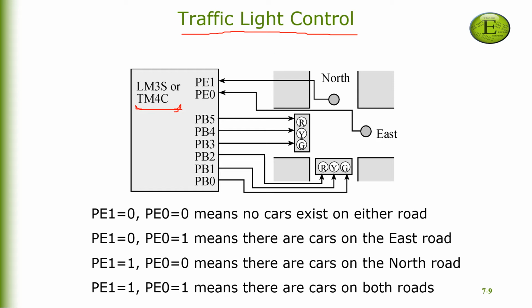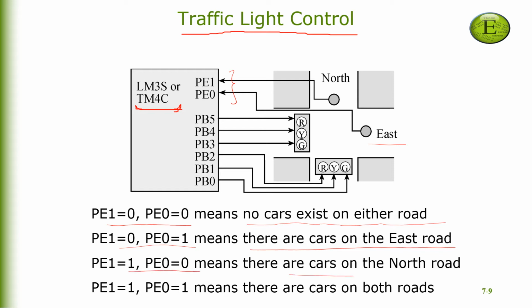Now, the same goes for the traffic in the east lane or in the east street or in the east direction. That information is again digitized 0 or 1, available at pin number 0 of port E. So when the two-bit inputs are taken together, there can be 4 options. 0, 0, meaning no cars exist on either road. 0, 1 means that there are cars on the east road, on the east street, but there is no car on the north side. 1, 0, the opposite.